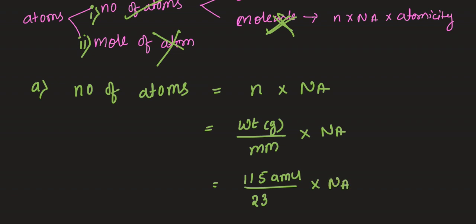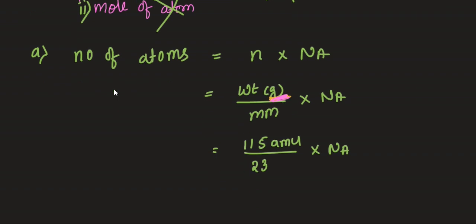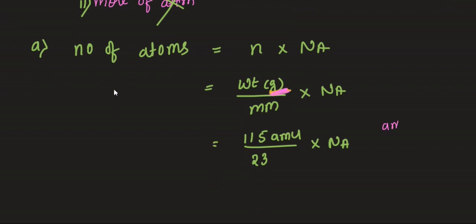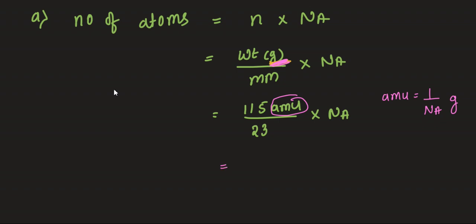But according to the formula, we have to take grams, and the given is AMU. Yes or no? But we have a relation. What is that relation? 1 AMU is equal to 1 by Avogadro number grams. That means instead of writing AMU, I will write 1 by Avogadro number.